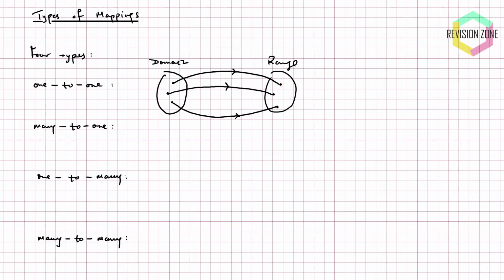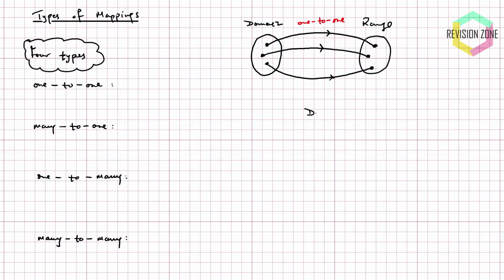This is where the many-to-one mapping is different to the one-to-one mapping. What can happen in the many-to-one mapping is as follows. Again, we have some sort of domain and range. But in this case, our inputs and outputs do something slightly different, which is we can have two different inputs mapping to the exact same output.